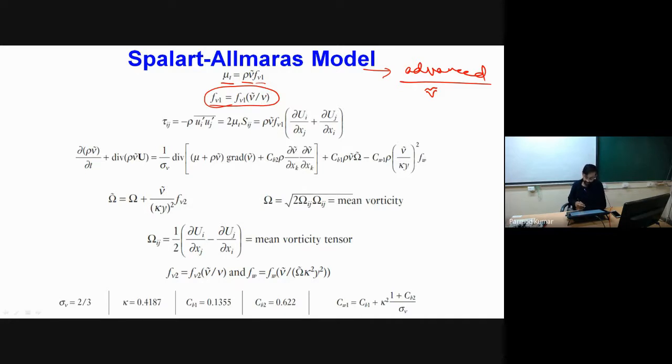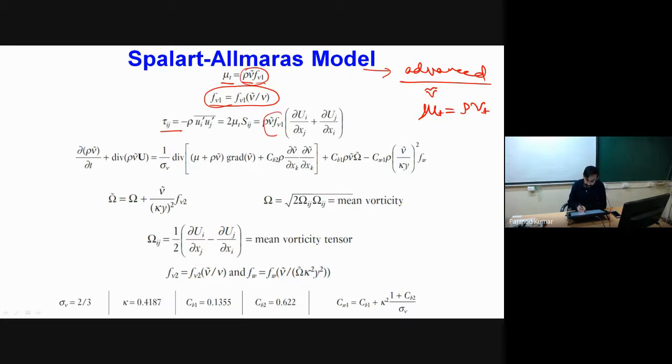Okay, so now the modification is that while we will be using the Boussinesq approximation, instead of using mu t as equal to rho times nu t, we will be using this new formulation.